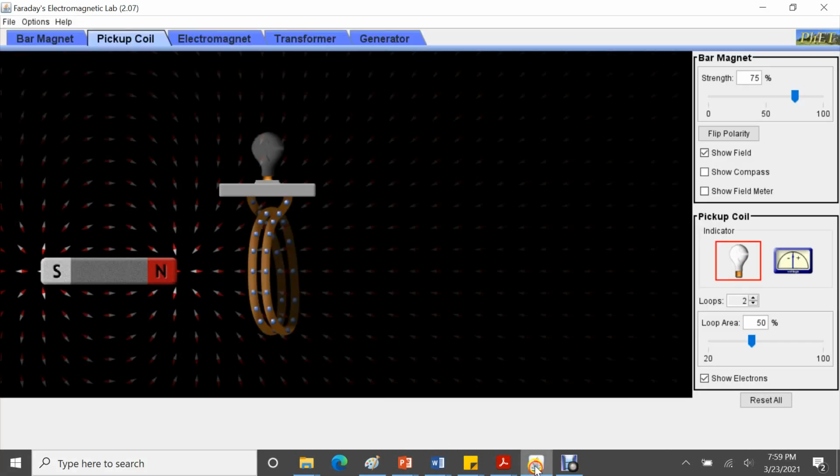I want to show you what scientists, men like Oersted and Faraday, did when they were doing some work as it pertains to this. Let me just show you what the simulation looks like. So here we have a magnet right here, and here we have a coil, basically a solenoid, so to speak, and there's a light bulb attached to it.